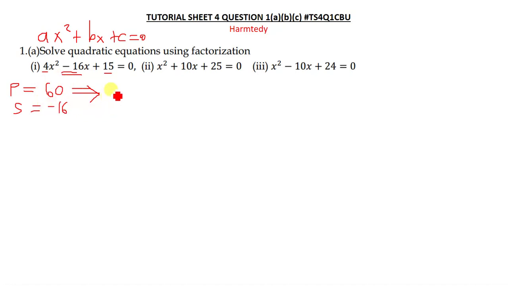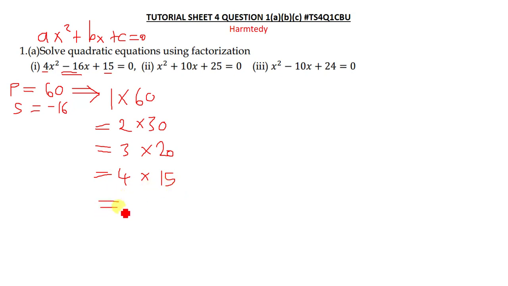So we know that 1 can go into 60 how many times? 60 times. 2 can go into 60 how many times? 30 times. 3 can go into 60 how many times? 20 times. 4 can go into 60 how many times? 15 times.